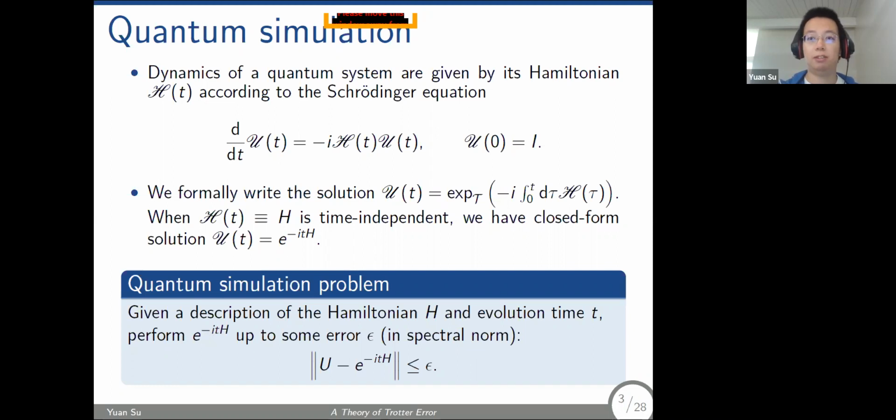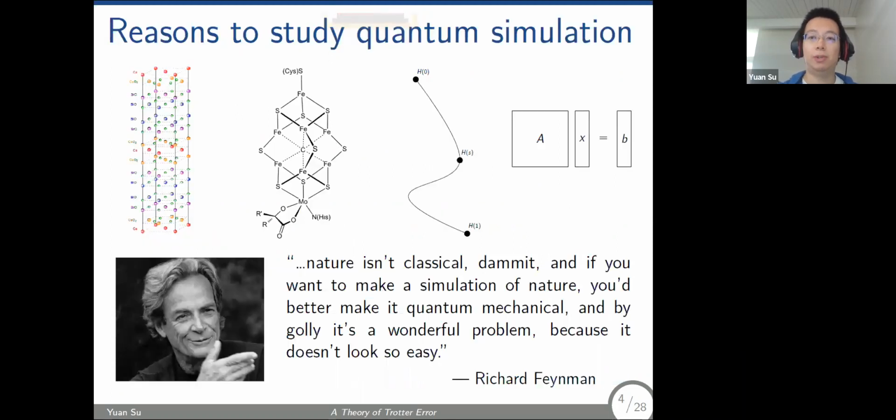On the other hand, an efficient solution of this problem could potentially have applications in many different areas. For example, people have been trying to apply quantum simulation to understand chemical reactions or to study material properties. There are also some potential applications of quantum simulation to quantum computation itself.